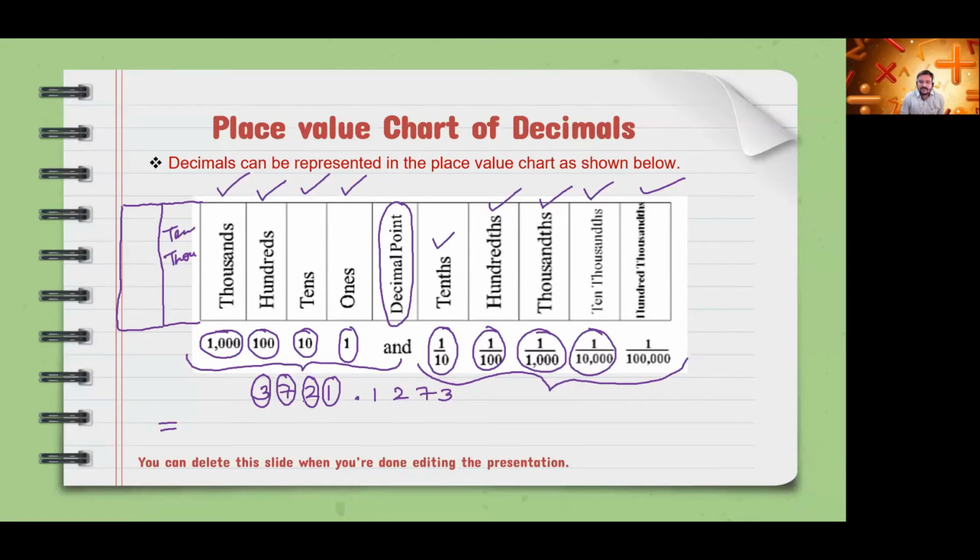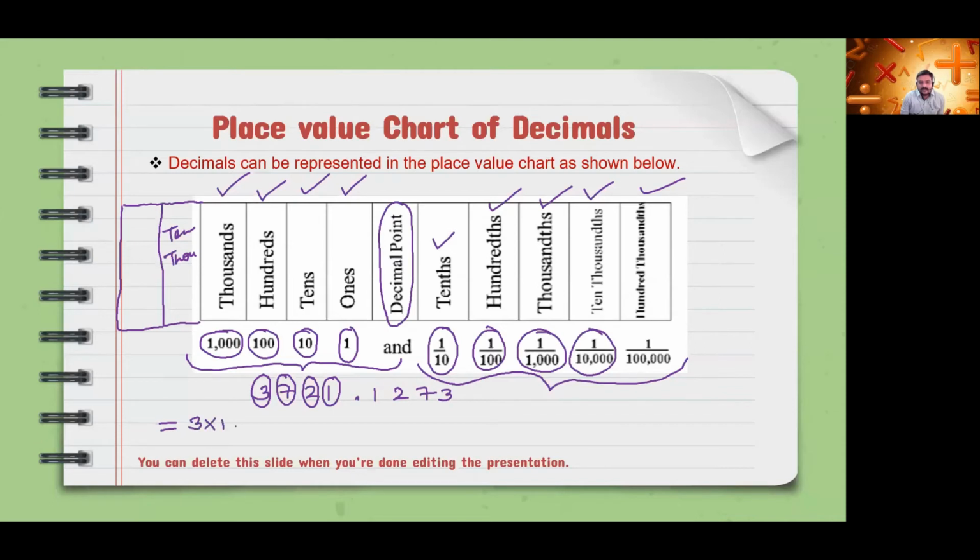Whole number value is only this much, 3721. The part to the left of the decimal is called the whole part, and the part to the right is called the decimal part. If I want to expand this value, Manit, write this value in the expanded form, so what will it come?